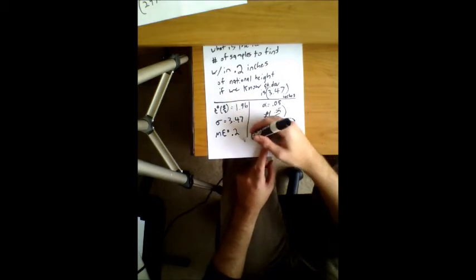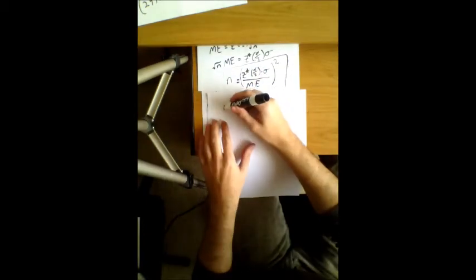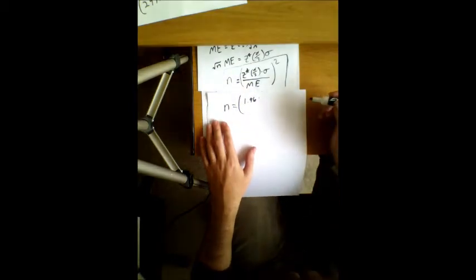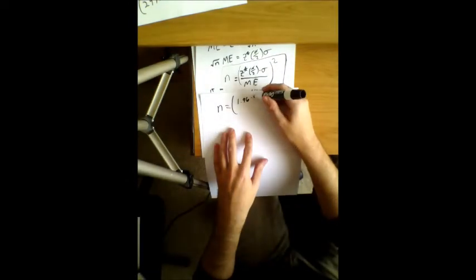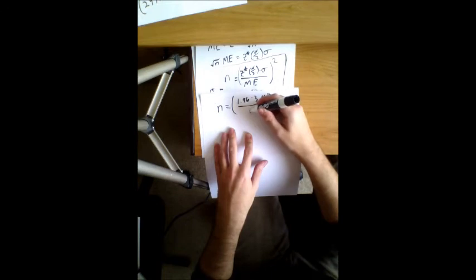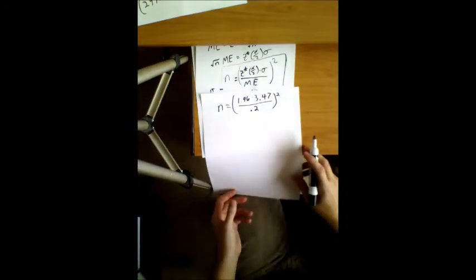Okay, so we have all this stuff. So let's go ahead and plug it into our formula. Okay, so n is equal to, here this is 1.96 times our standard deviation, which is 3.47, all divided by 0.2, which is our margin of error, and you square this thing.